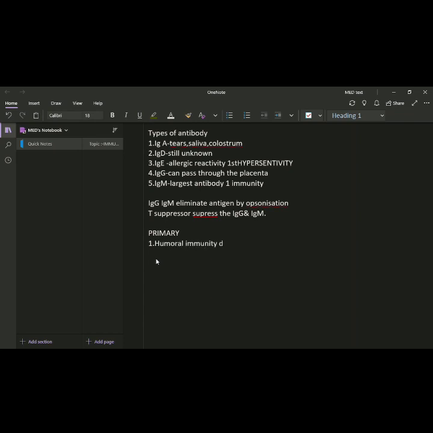The primary immunodeficiencies are also called congenital immune deficiencies.